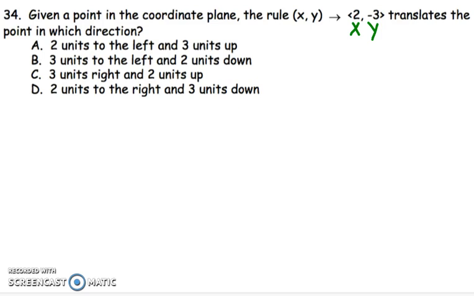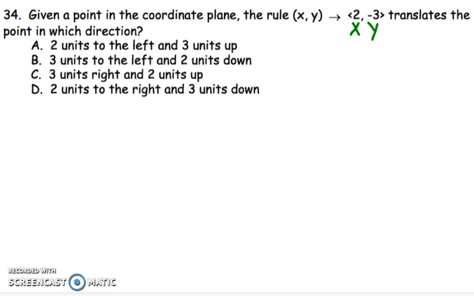Number 34. Given a point in the coordinate plane, the rule (x, y) maps to (x + 2, y - 3). It gets translated <2, -3>. Translates the point in which direction? The 2 again affects the x, and the -3 affects the y.